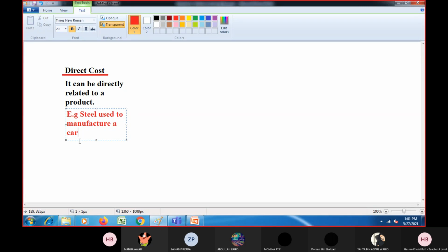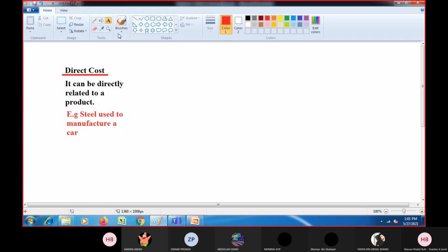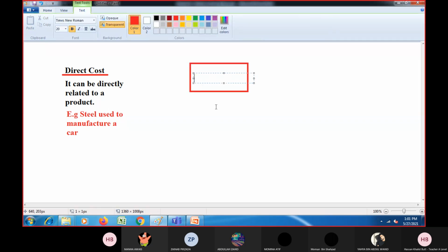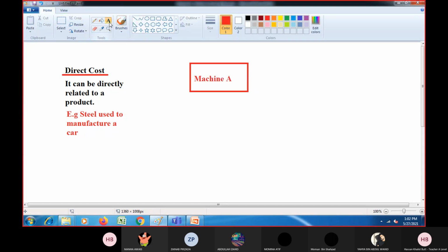Let me give you an example. For example, there are two machines. This is machine A. And there is another machine in a factory, let's say, a shoe making factory.